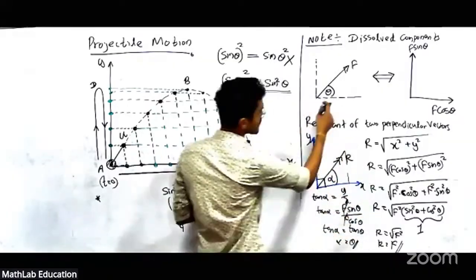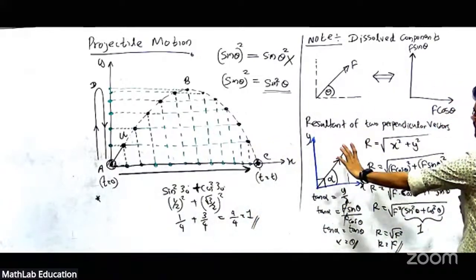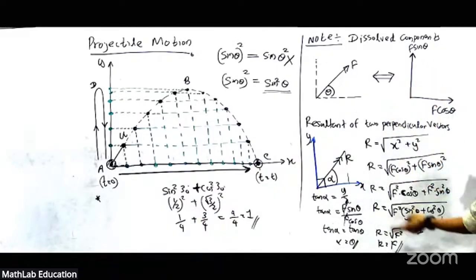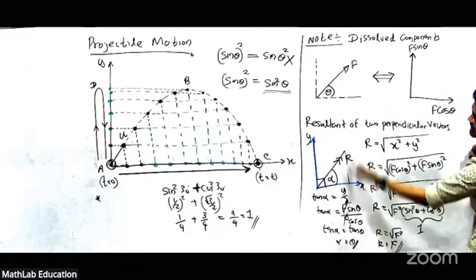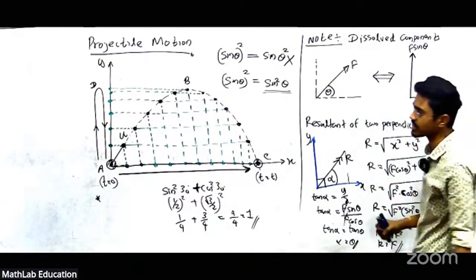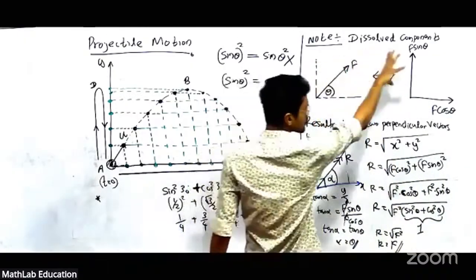The same thing comes. Alpha equals theta, which means this setup can be replaced with a single force of f with an angle theta. So that is what I have displayed before. These are opposite processes. If we are dissolving, we can dissolve a single force into two perpendicular vectors.